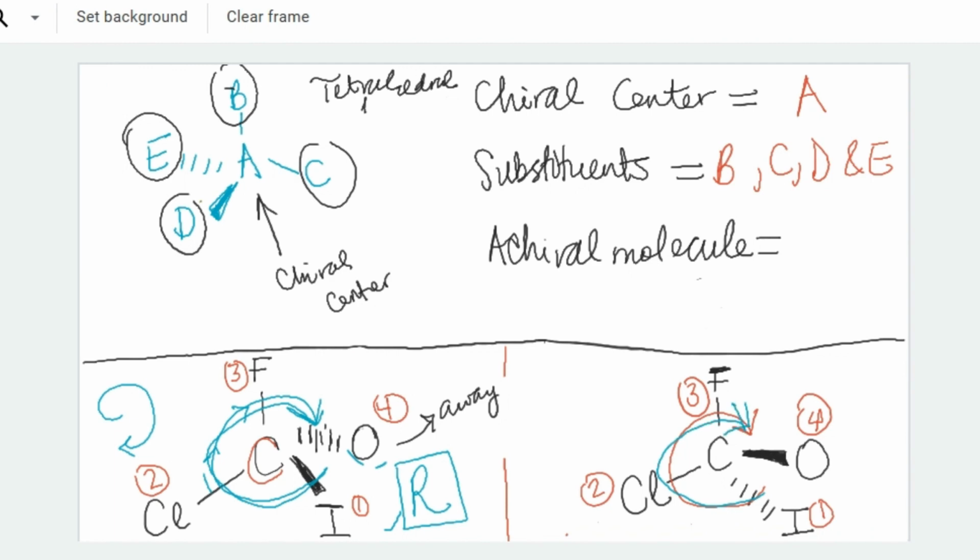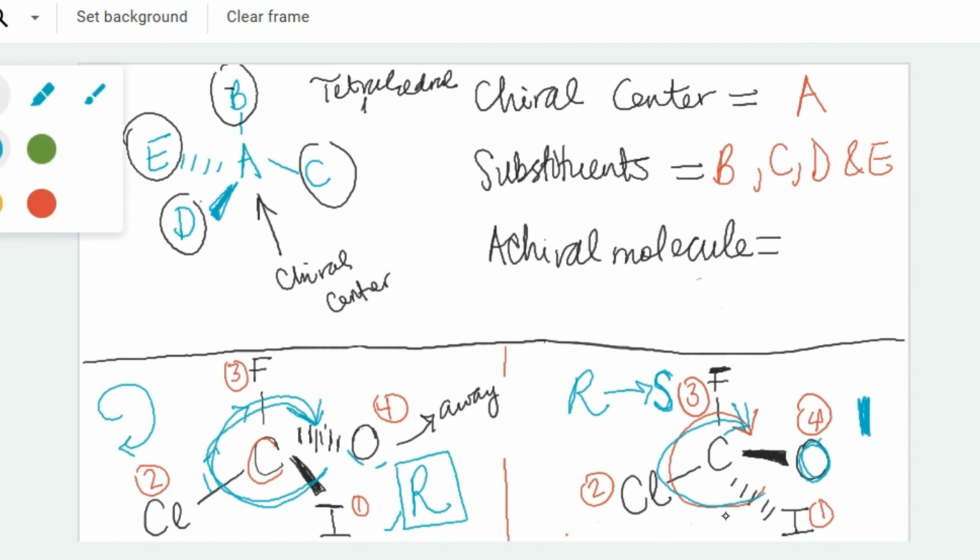But then we look at the fourth priority group after we've drawn the circle, and we see that it has this shaded one, and this is telling us it's coming in front of us. So since we know this is an R configuration, we have to reverse it and this becomes an S configuration. So the configuration of this chiral center is S.